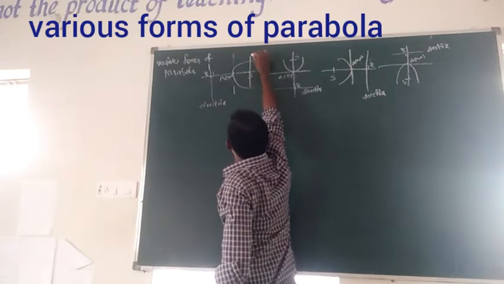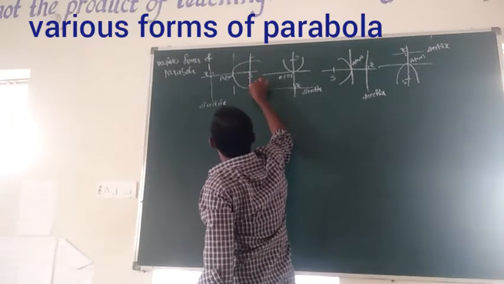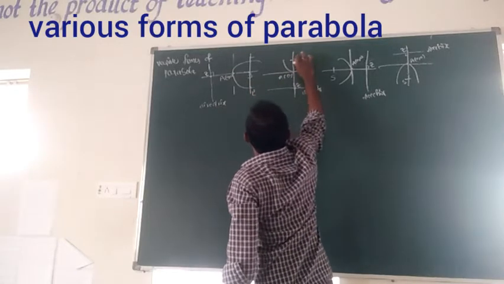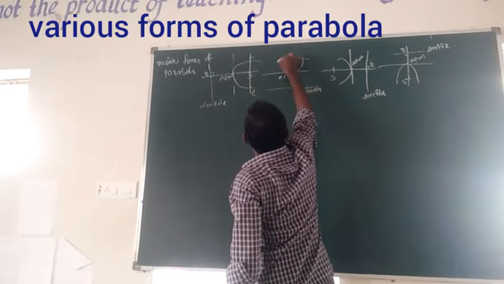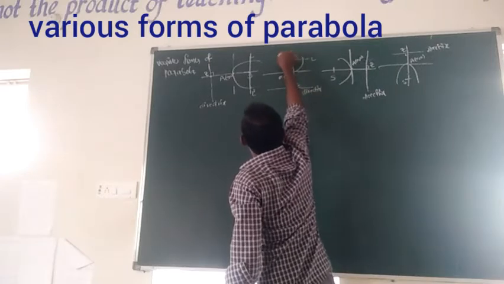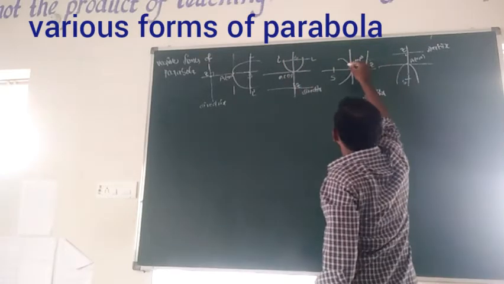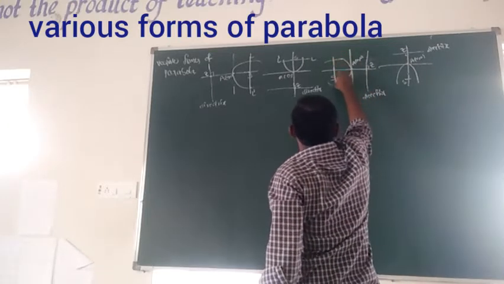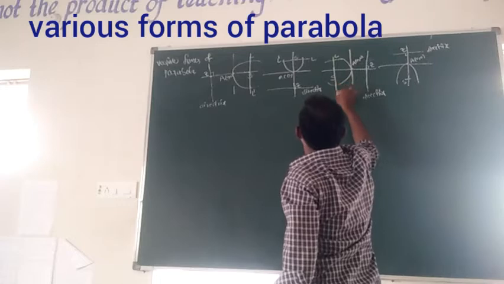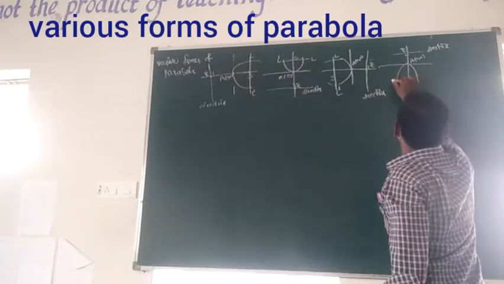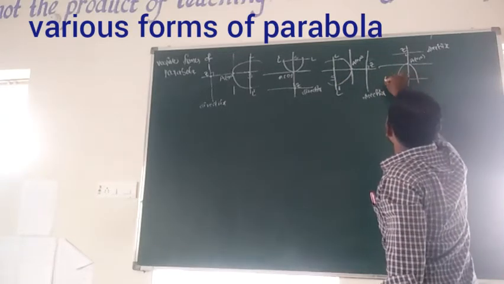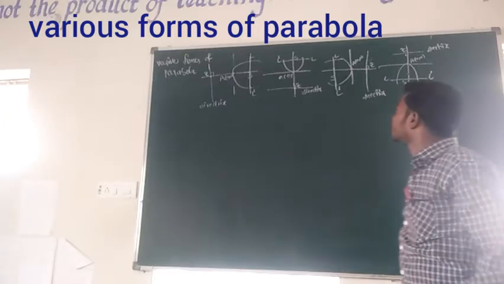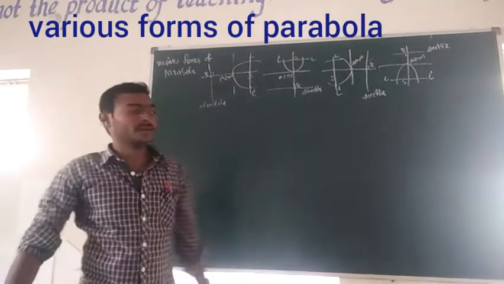The end points of the latus rectum are L and L dash. Here also the latus rectum points are L and L dash. Okay, this is the latus rectum.